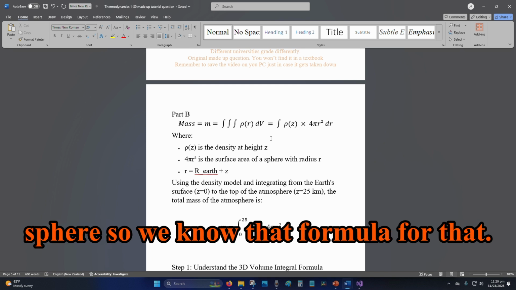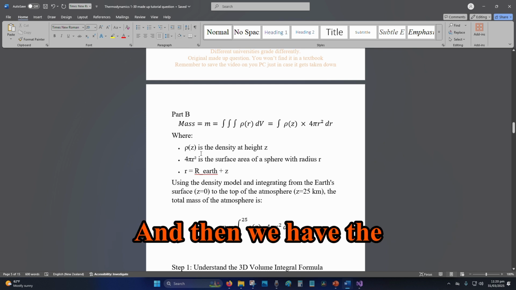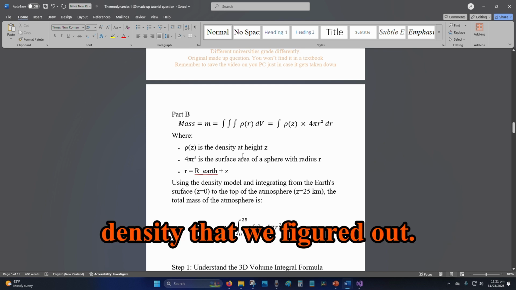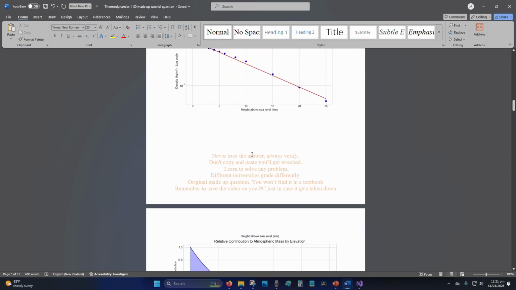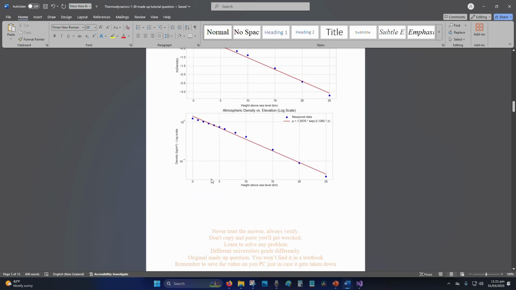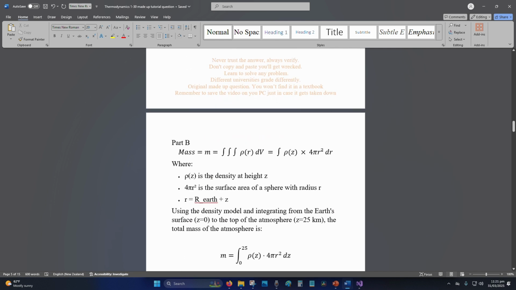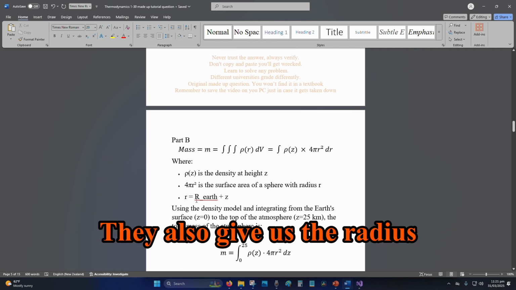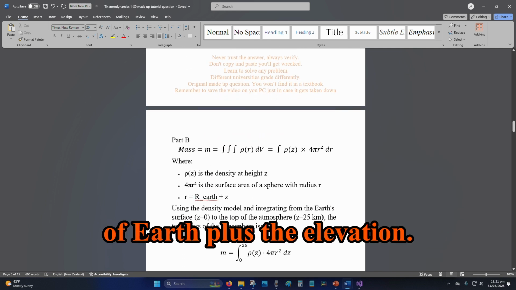So we know the formula for that. And then we have the density that we figured out previously over here. And then from there, they also give us the radius of Earth plus the elevation.